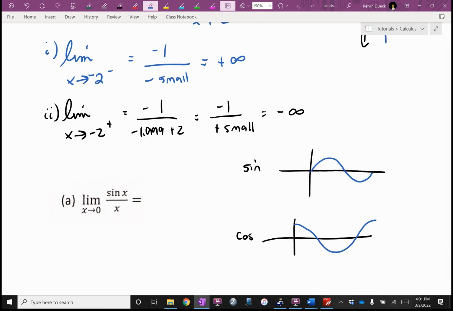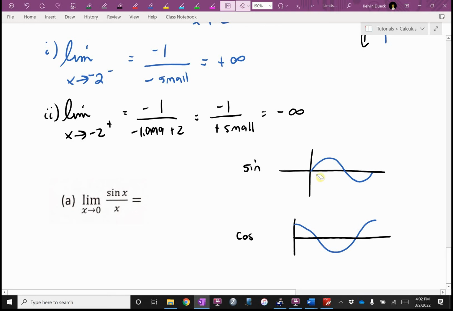Or the way my high school teacher taught us, cos rhymes with nose, and so he always just drew 2 eyes and a little face, and that's how we remembered the cos is nose graph. Whatever dumb way works for you. I told you, I am good at coming up with stupid ways to remember things. If you're asking me one thing I'm pretty good at as a teacher, that.